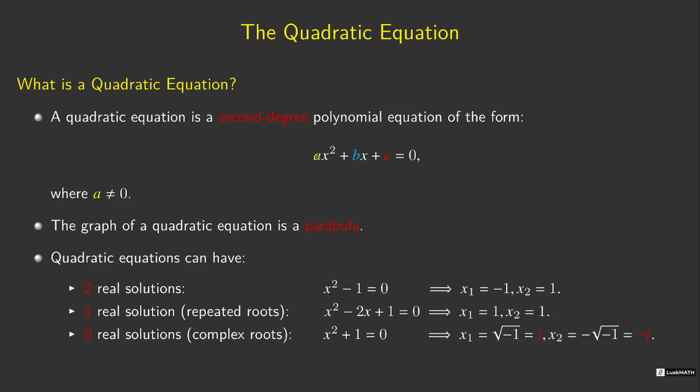If you replace 2 with an n here, where n is any positive integer greater than 2, for example, if n equals 5, then you should expect 5 solutions. Some of them could be repeated, some of them could be real, some of them could be complex, but there are 5 solutions. There's a theorem for that if you study more mathematics going forward.